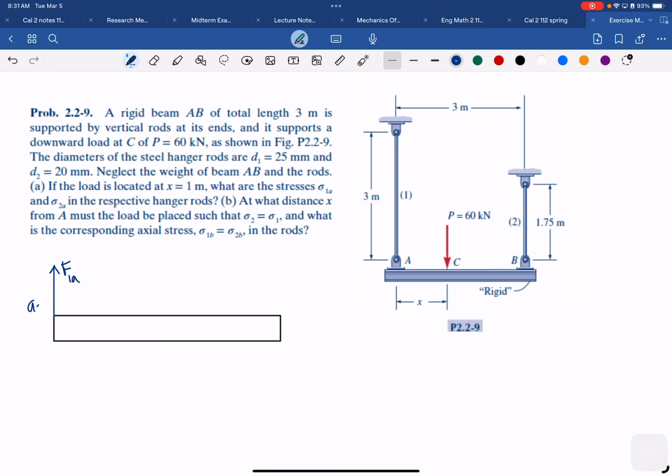And then there is also another one here, which is F2A. And then we name this A, this B, and then there will be a C around here, where we have P, the external force, which is 60 kilonewton.